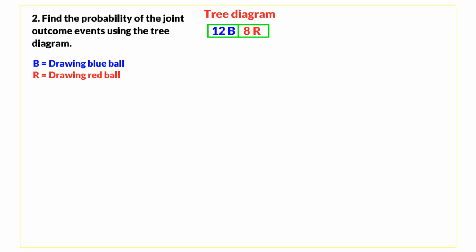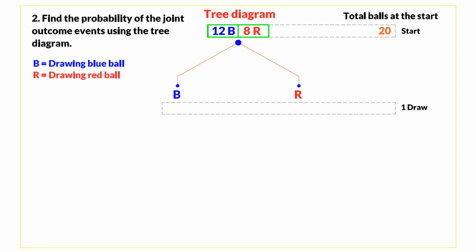So the total number of balls in the beginning is 20. So let us pick the first ball. So we have now the first draw, and we picked one ball without return, so the total number of remaining balls is 20 minus 1, and that is 19 balls remaining.